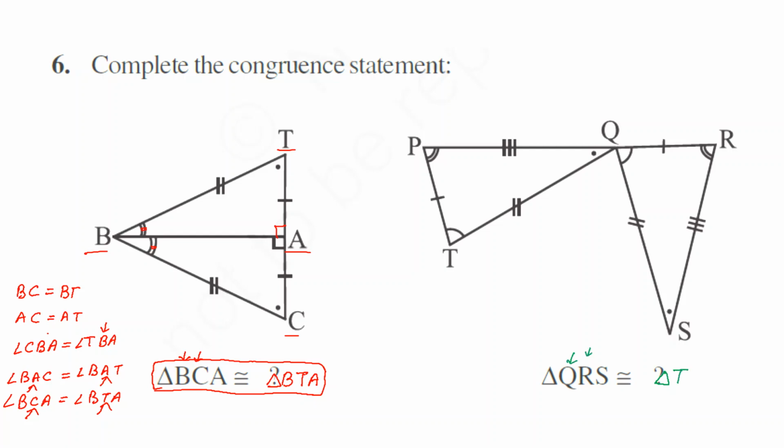Then angle R of this triangle is equal to angle P. So we write P here, and then what is left is T. So triangle QRS is congruent to triangle... wait, we did something. What is left over here is Q. So triangle QRS is congruent to triangle TPQ. That's how we can finish it off.